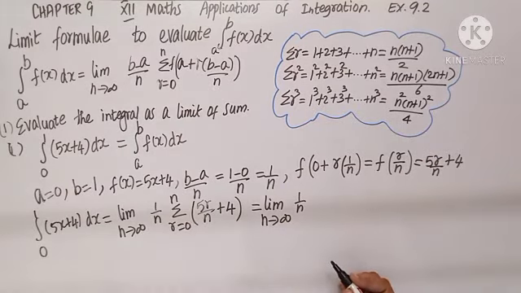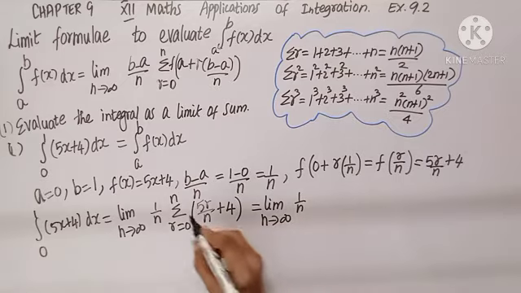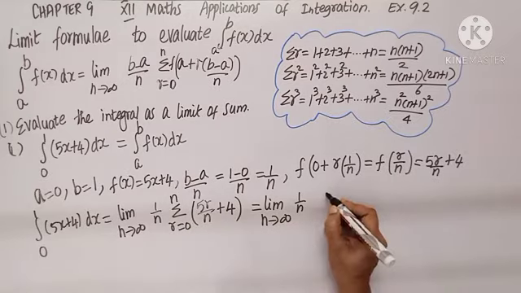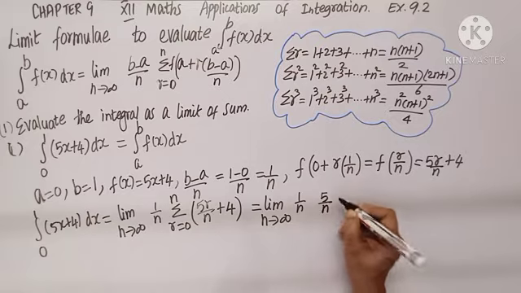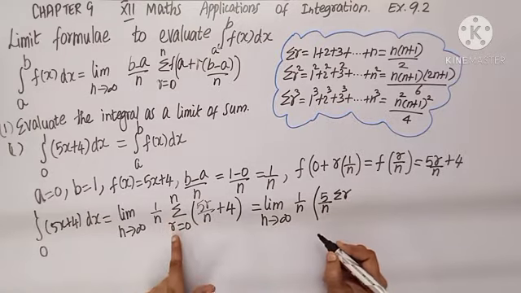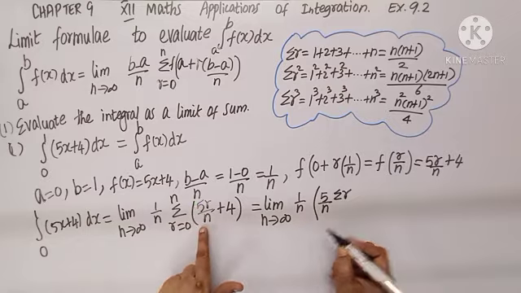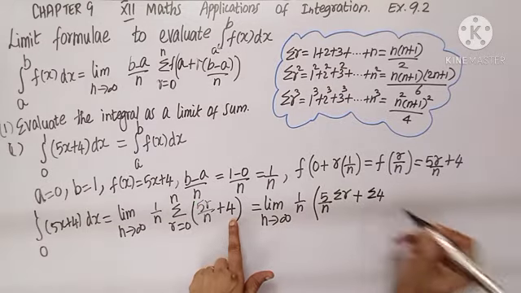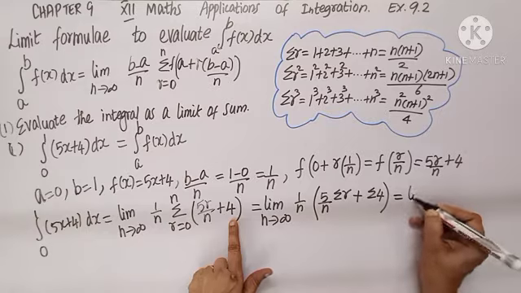Look at this problem. I have sigma 5r by n. Keep 5 by n out. Write sigma r. Sigma is only for r. Plus sigma 4. How to simplify?